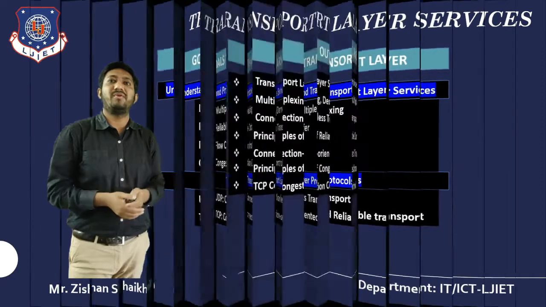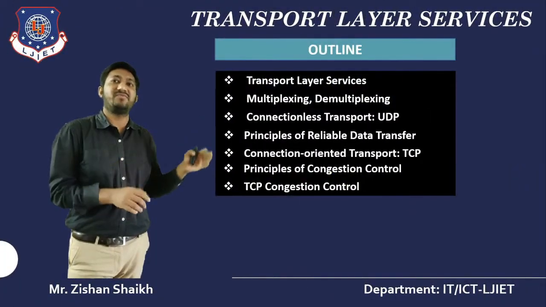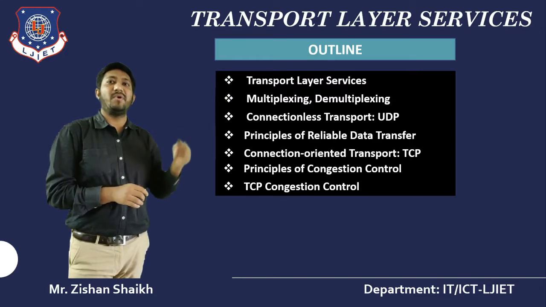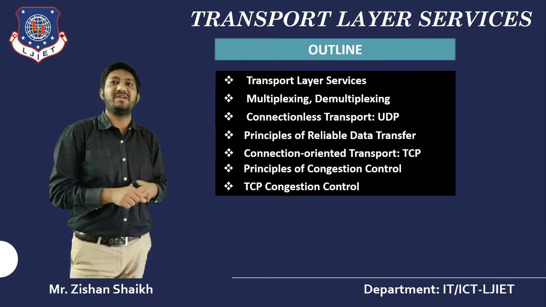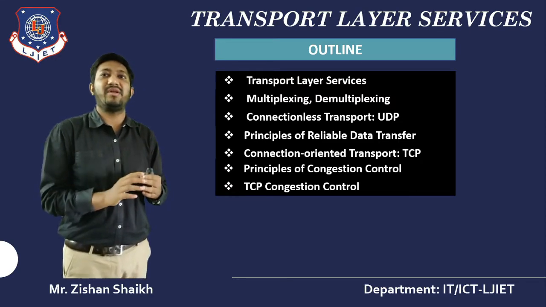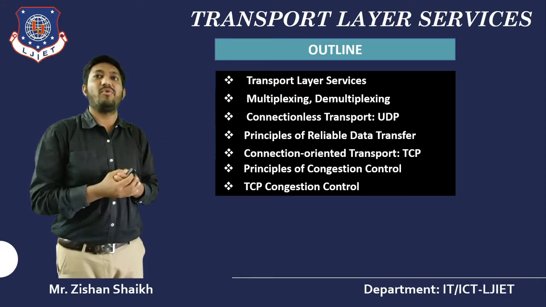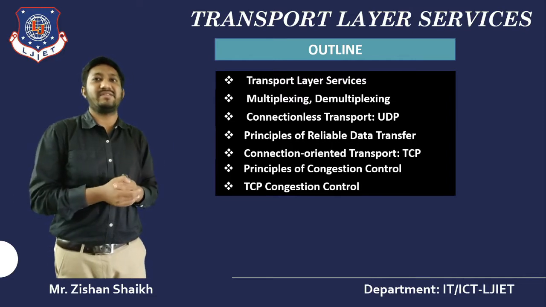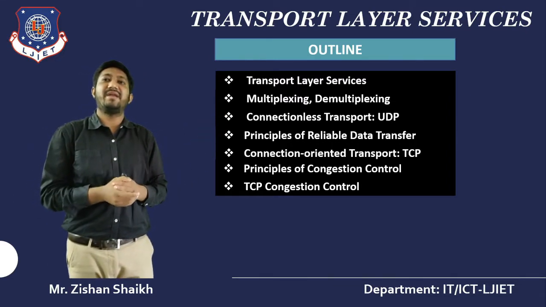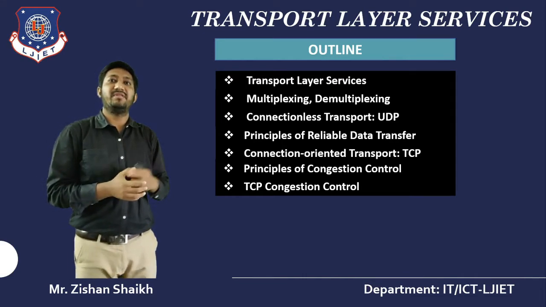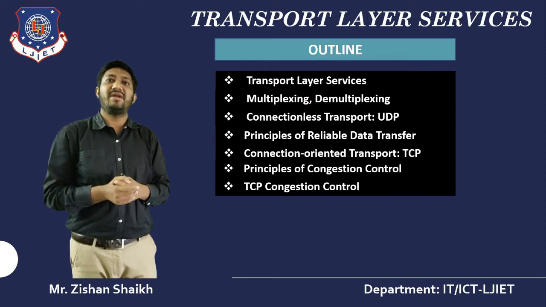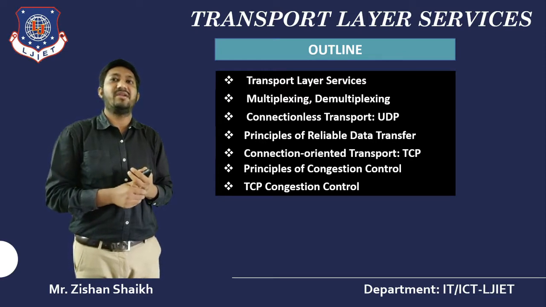So let's move to our outline. What contents are we covering in this unit? First is transport layer services. Which services are provided by the transport layer? How exactly the transport layer works in our model, with a real world example. Then I will explain the multiplexing and demultiplexing concept. Then I will explain the User Datagram Protocol, that is UDP, the connectionless protocol.